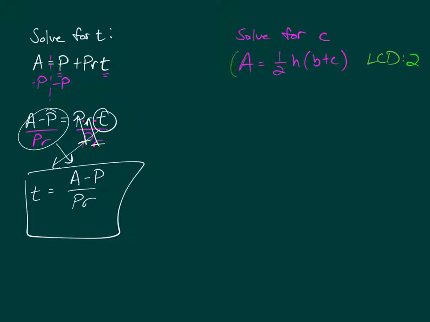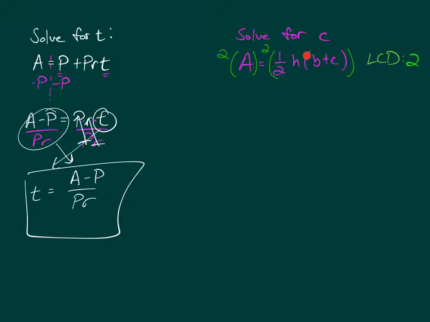So I'm going to multiply each term by 2. And you might be wondering, well, I see 2 terms here. This is b plus c. A term is separated by plus and minus signs, correct, but this whole side here is one term because this plus sign is inside a set of parentheses.